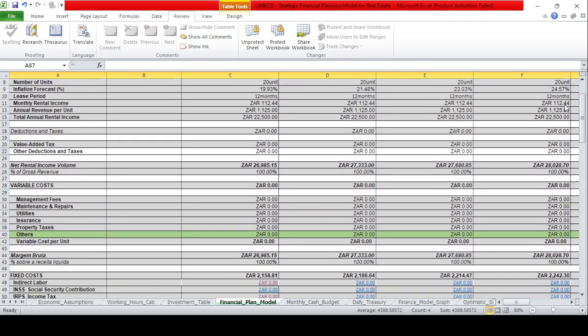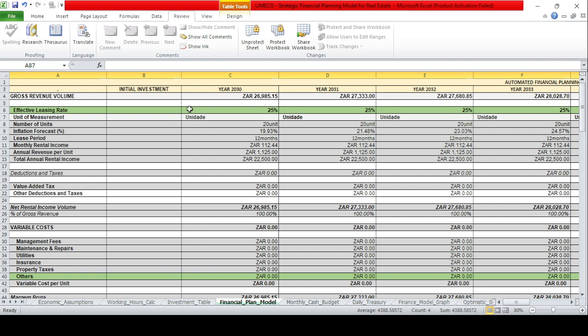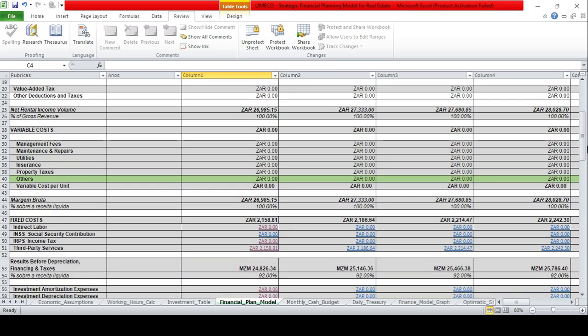Okay, we don't need the VAT because the gross volume is below 1 million rands, but I think we need the maintenance.